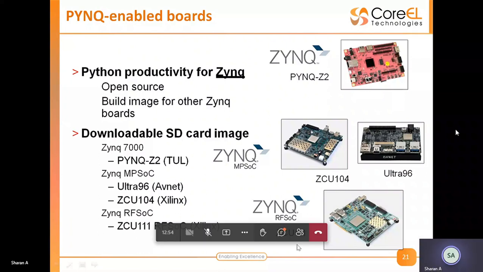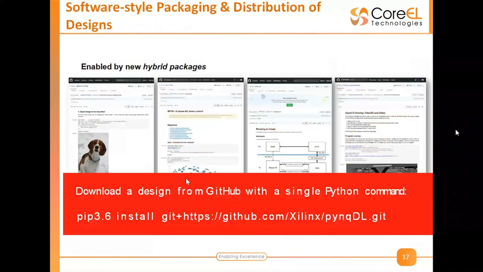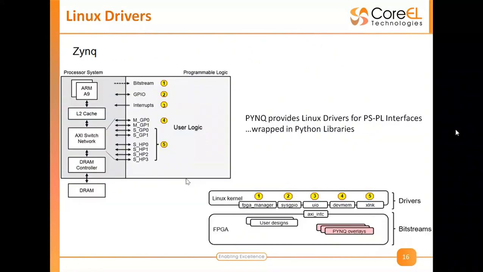Now on these different boards, these are the various applications that you can perform. This is a small example of how the interaction is happening. You have PS and PL interfaces. A driver is required for that communication. So that Python library which I mentioned earlier encompasses both the PS and PL drivers, and that is how the interlinking is happening.